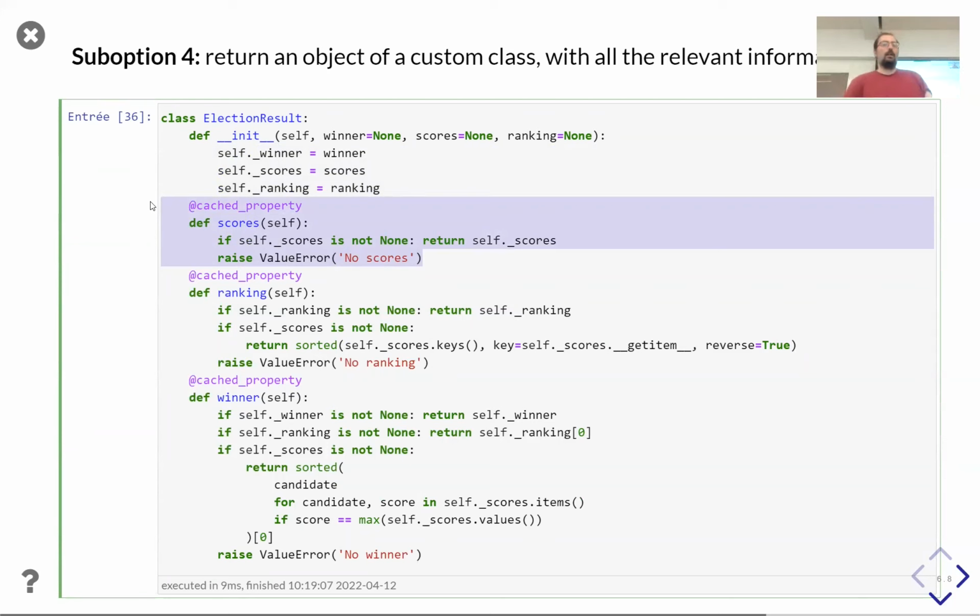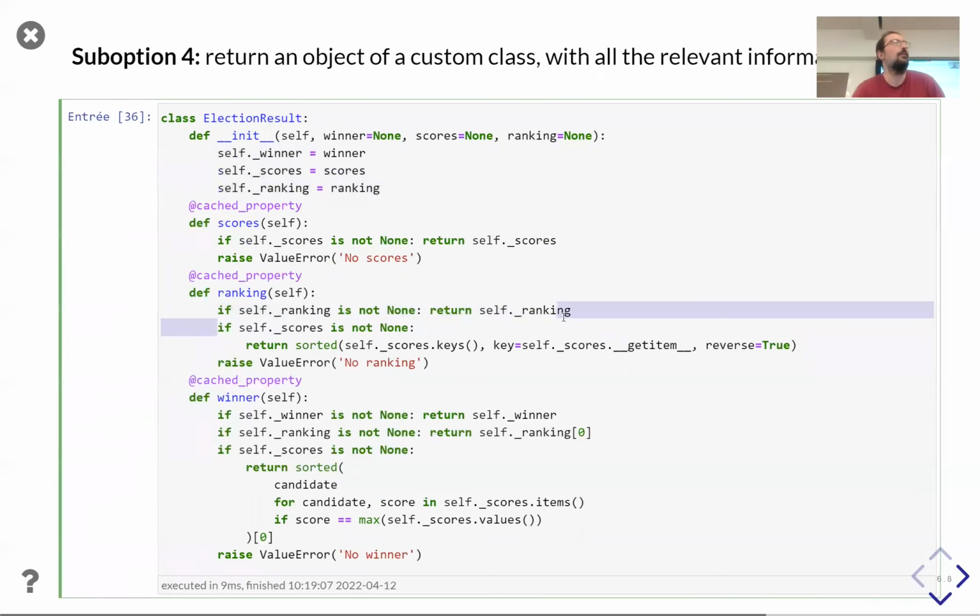I say the scores are the scores, otherwise there is a problem. But for the ranking, if I have an explicit ranking, I return it, and otherwise I deduce it from the scores. The same for the winner. If I have a winner, I return it. If I have a ranking, I return the first member of the ranking, and otherwise I deduce the winner from the scores.